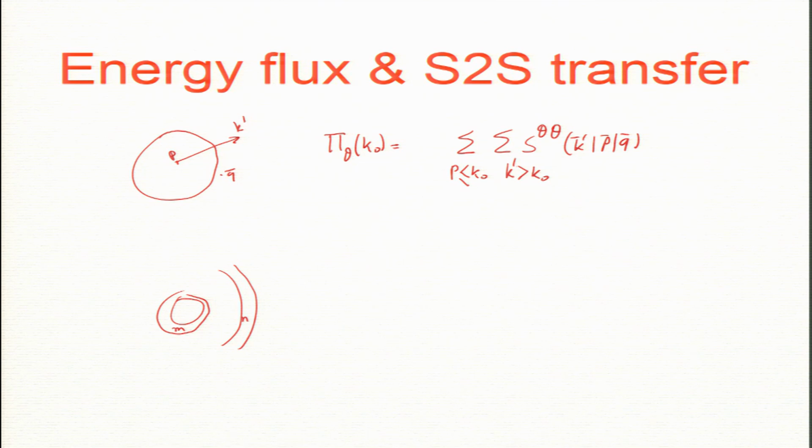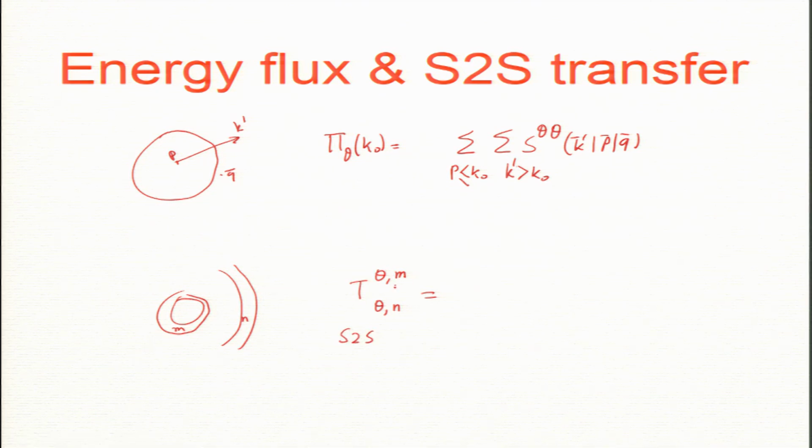So, for the theta field, scalar energy transfer, the notation is T theta comma M, where M is superscript above and is the giver, and the receiver is theta comma N. I do not call it S, I call it T. Okay. So, this is shell to shell transfer, shell M to shell N.